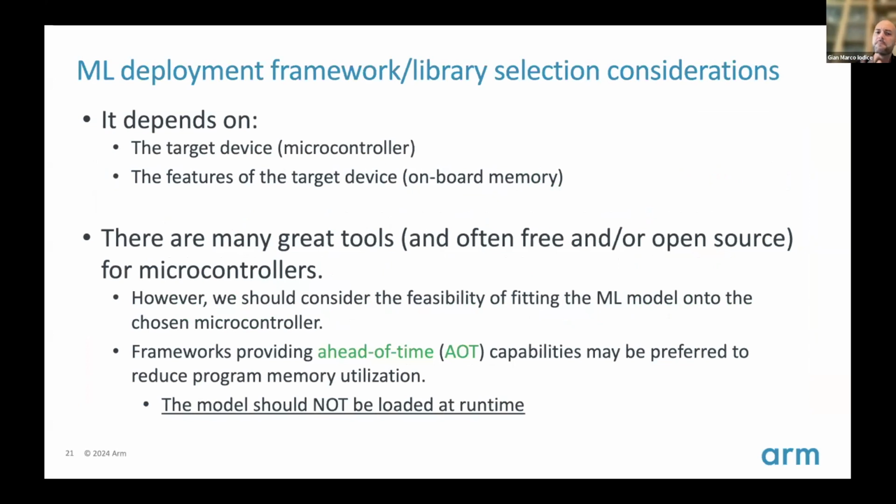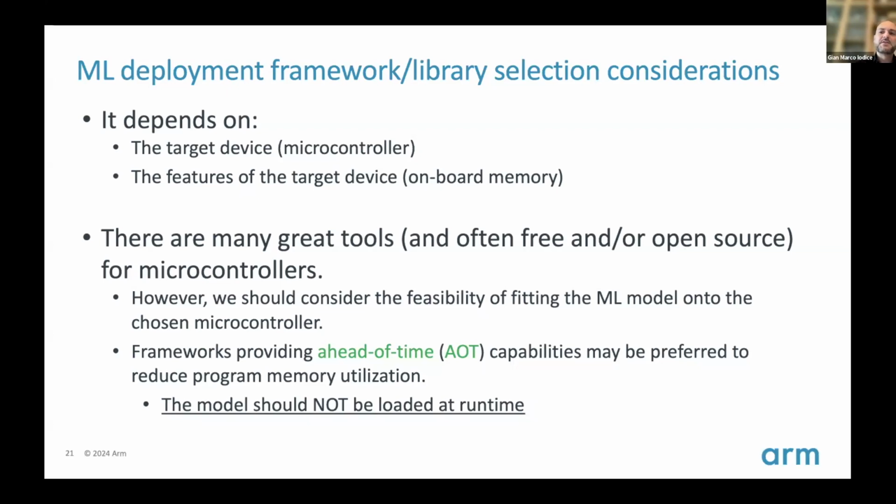The only thing to say about the framework is that the device we're going to use for this specific application will be very constrained in terms of memory. So you need a framework that can provide at least ahead-of-time capabilities.